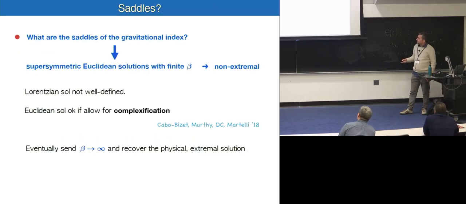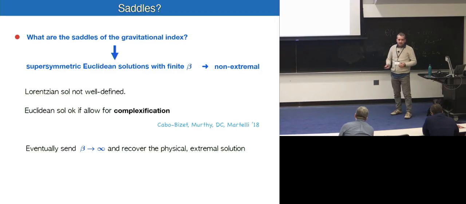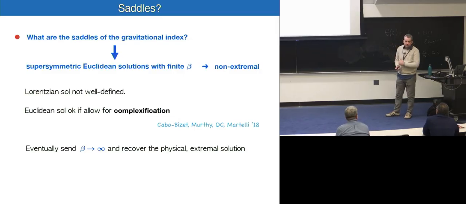So here we will focus just on the asymptotically flat case. So there will be no holography, at least to start with. However, we still want to explore this gravitational path integral and see what are the possible saddles. So the question we want to answer is, what are the saddles of this gravitational index? Well, there should be supersymmetric solutions, because as we said, any solution that contributes to this partition function should respect supersymmetry.